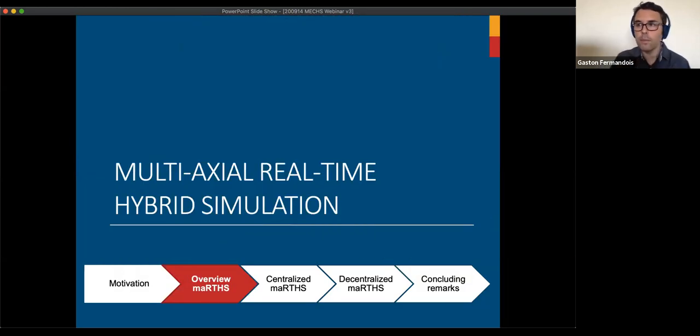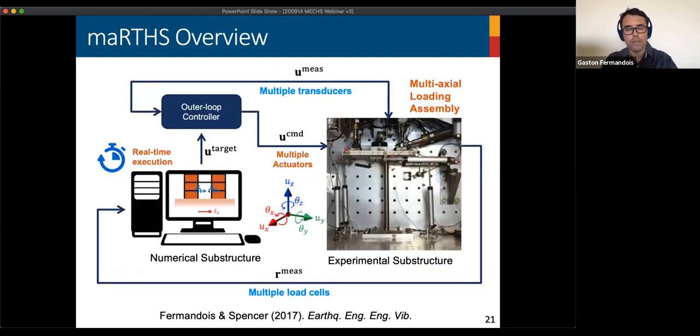So we proposed a framework called multi-axial real-time hybrid simulation, or maRTHS for short, where we basically have a boundary between both domains that has multiple degrees of freedom at one point. And the main idea is that we're going to close the hybrid loop.